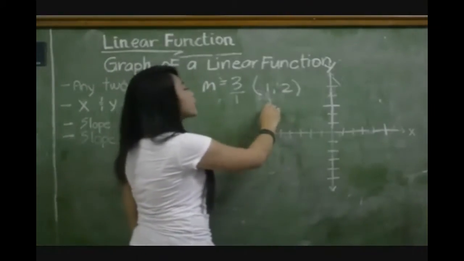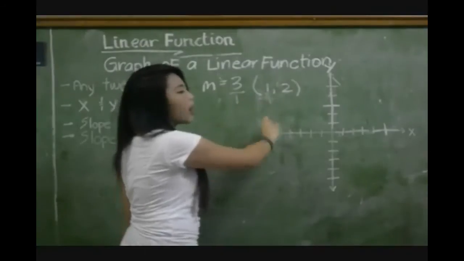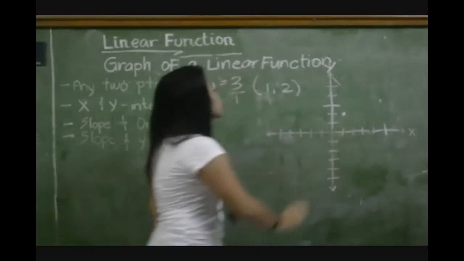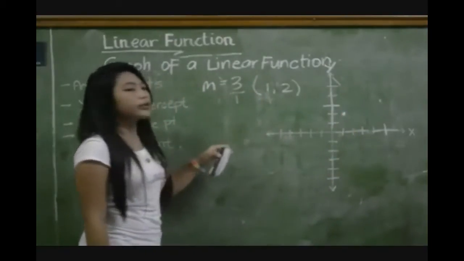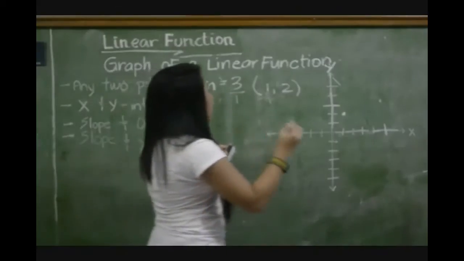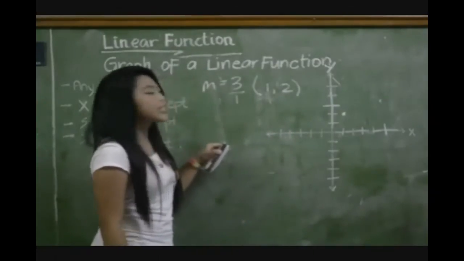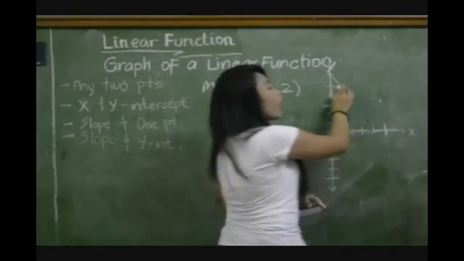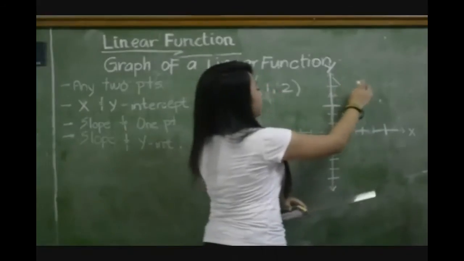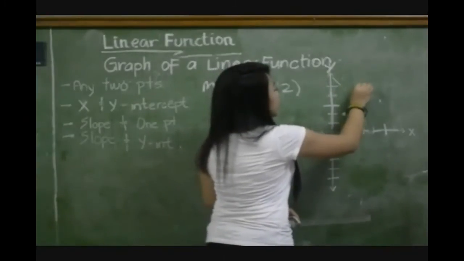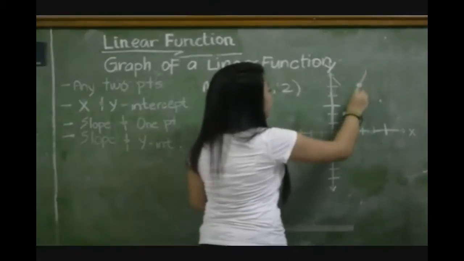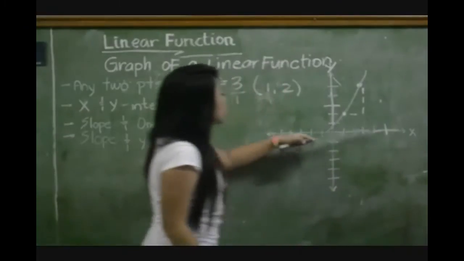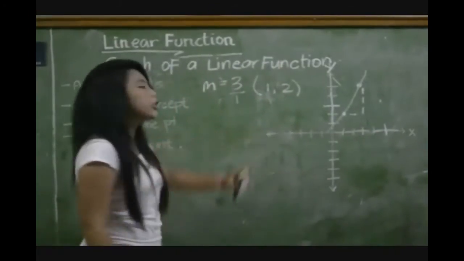We have to graph (1, 2). For us to know the slope, we have to use rise over run. The rise is 3, so 1, 2, 3. The run is going to the right, 1. So here is the plot. We have to connect these two. Then we have to draw a broken line for us to know. So this is an example of a graph given slope and 1 point.